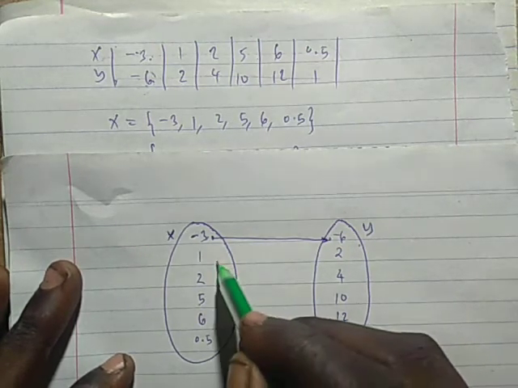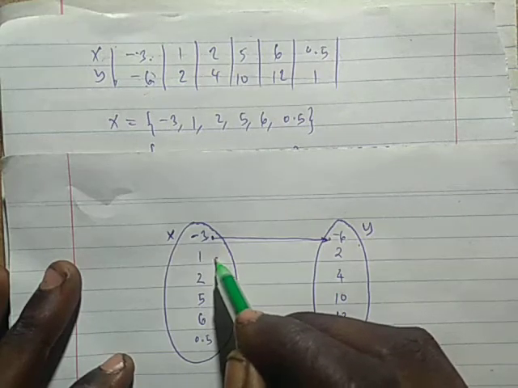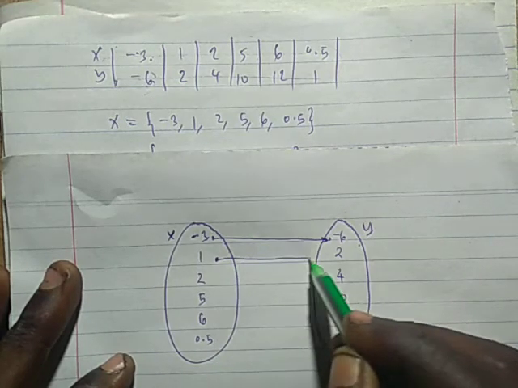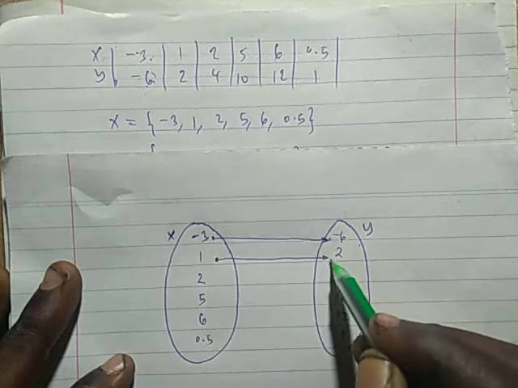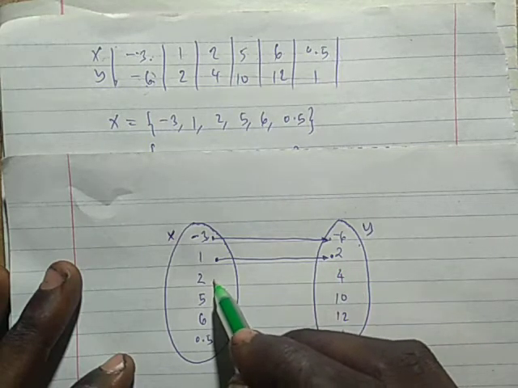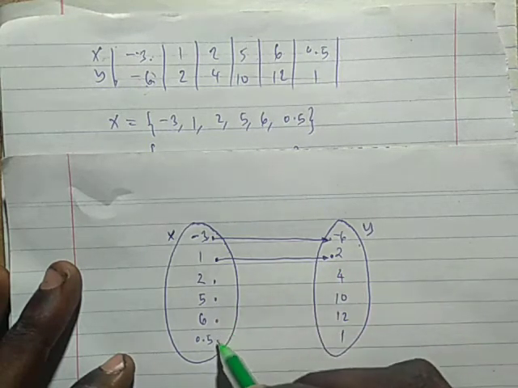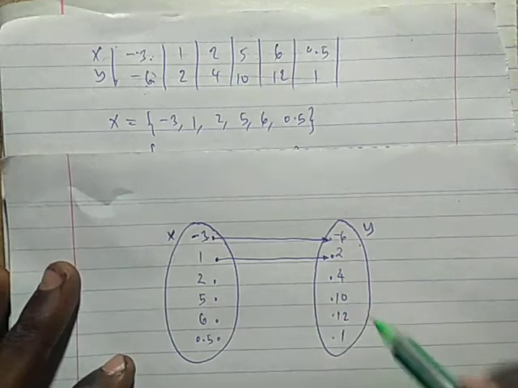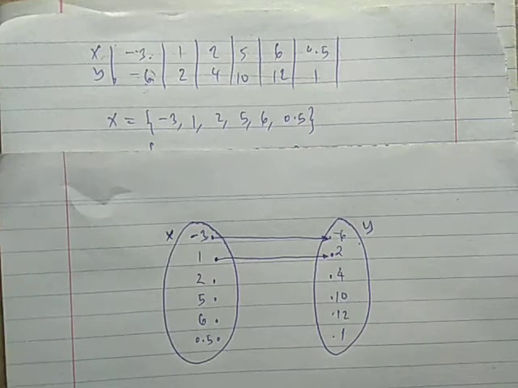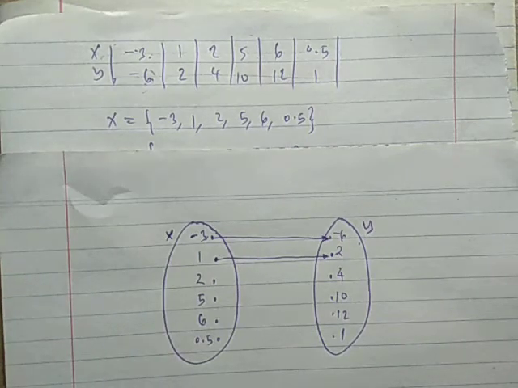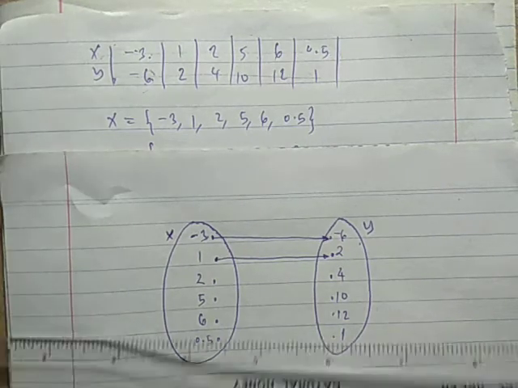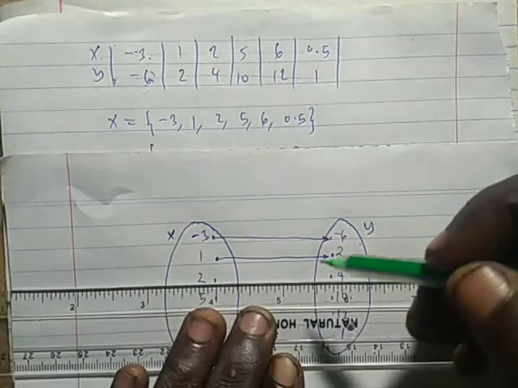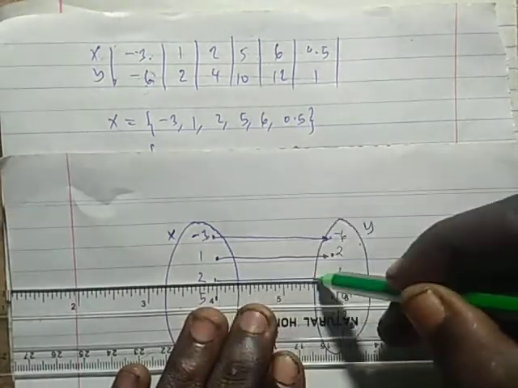You put a dot here, then you draw to here, and you put another dot. We put a dot on the right hand side and a dot on the left hand side. After putting dots, you can use a ruler to connect your points.